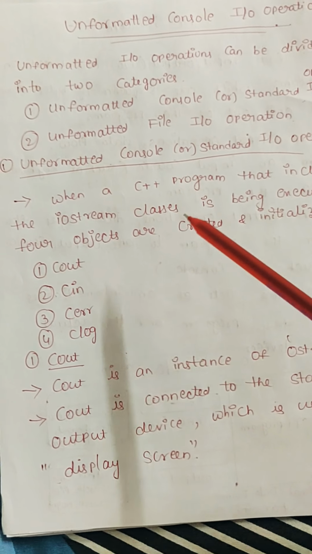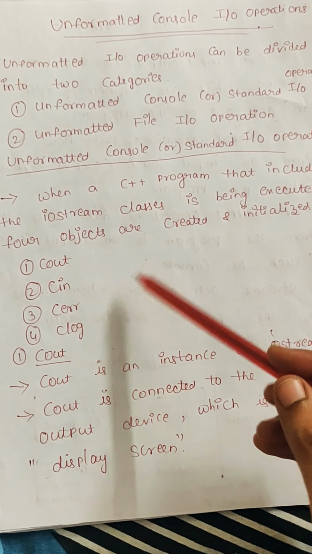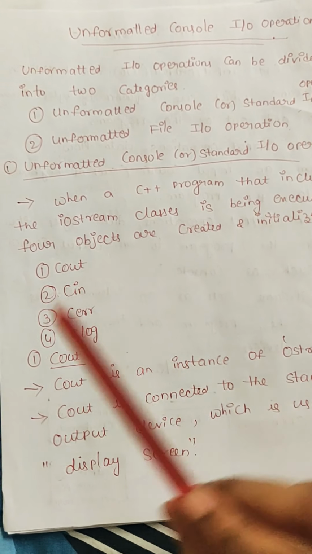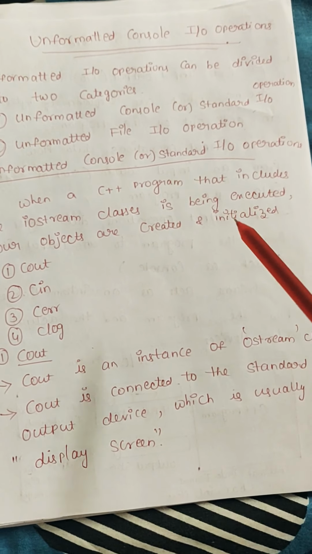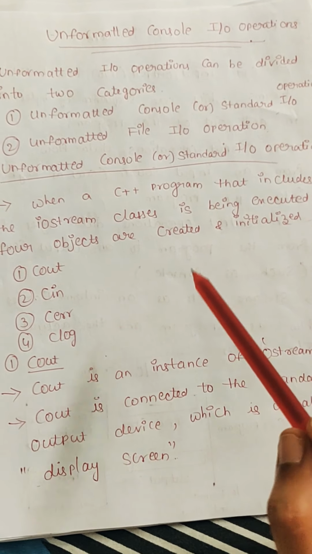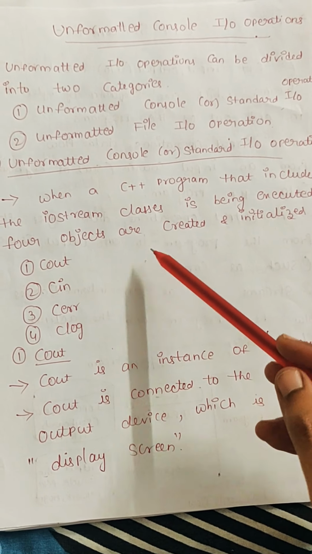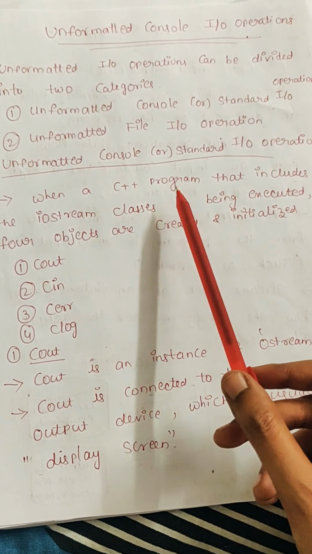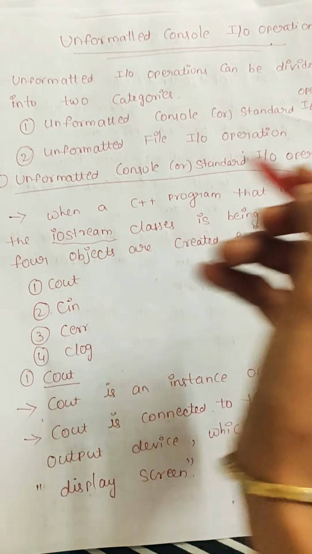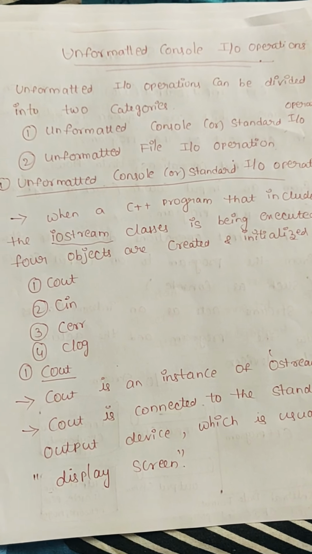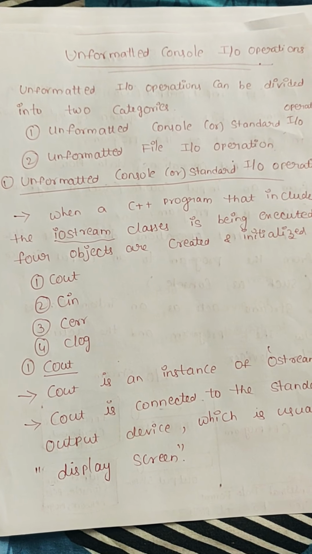Coming to unformatted console or standard input output operation. When a C++ program that includes the iostream classes is executed, 4 objects are created and initialized automatically, without our knowing.